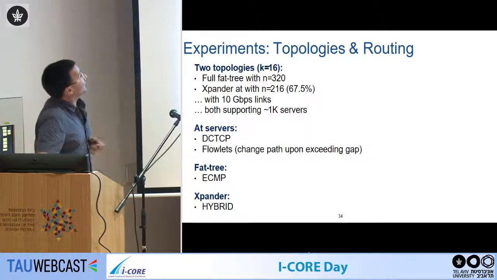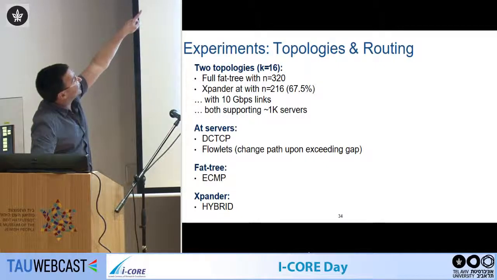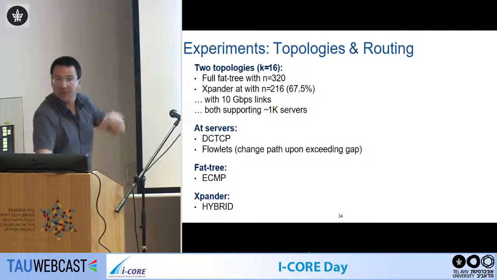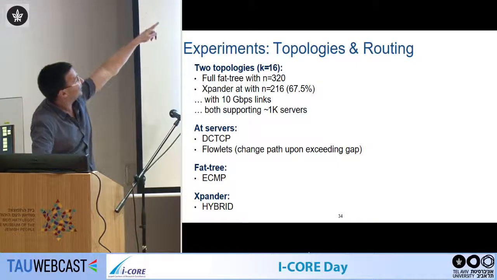So we ran experiments comparing a full bisection bandwidth fat tree, with n, the number of switches, equal to 320, to a smaller expander graph.